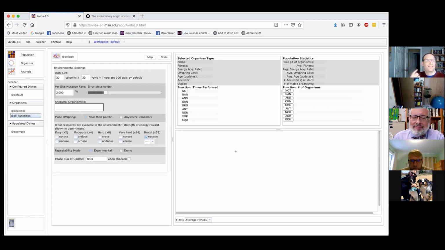And then we are looking at how much it costs them in order to make their offspring. So our fitness here is: take the rate at which you're getting resources, divide by the cost of producing a new organism, and that gives you a rate at which you are producing new organisms, which is a measurement of fitness.